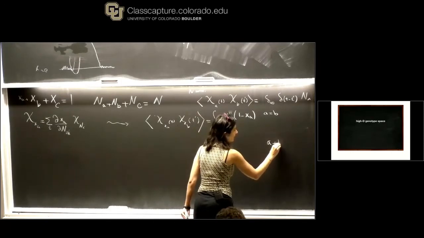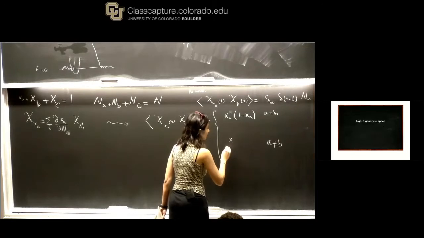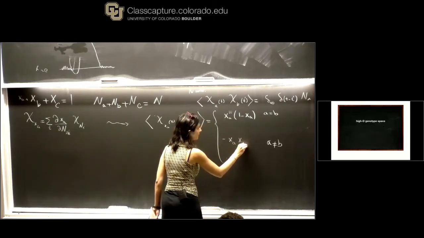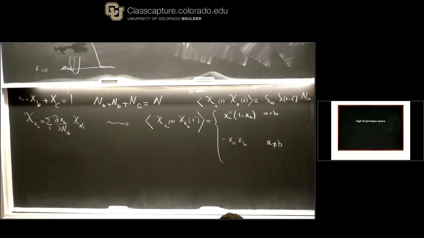And if A is not equal to B, the off-diagonal terms, you get this form. And this is a covariance matrix.